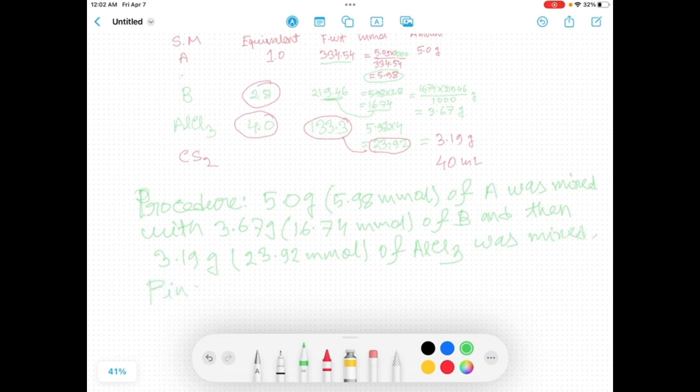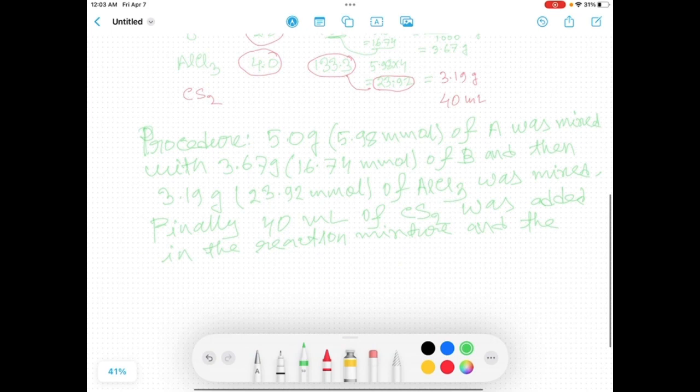Finally, 40 ml of carbon disulfide was added in the reaction mixture, and the reaction was stirred.